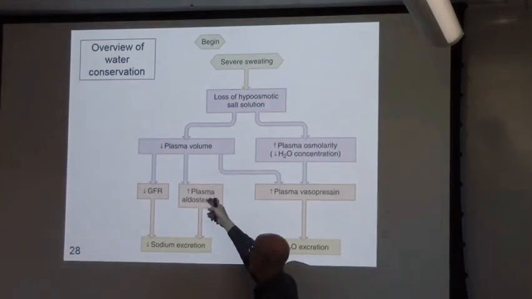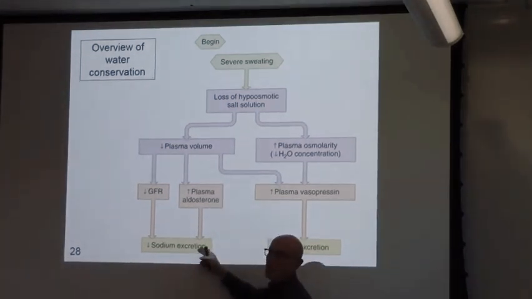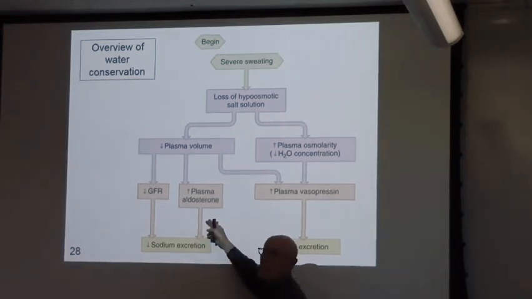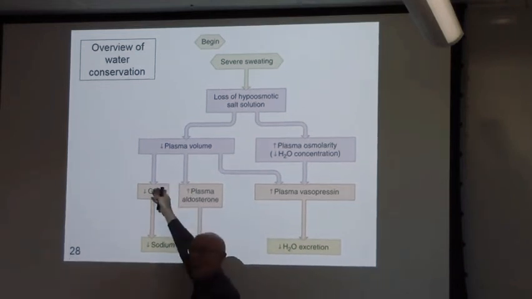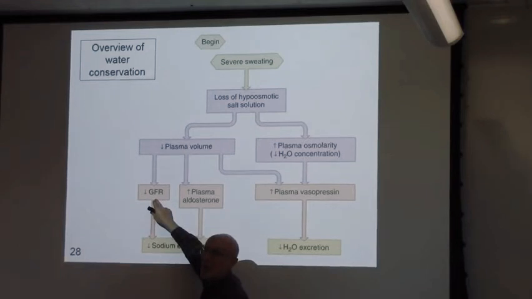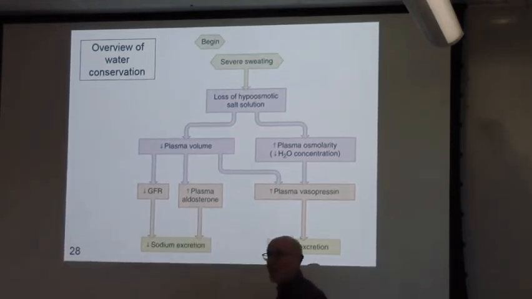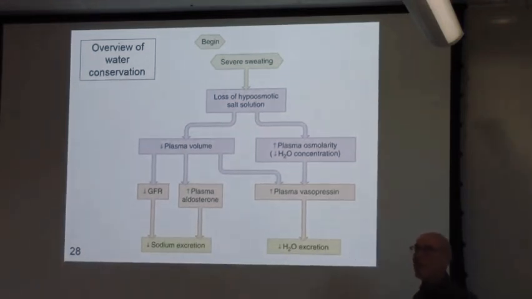Why does aldosterone lead to decreased sodium excretion, increased sodium reabsorption? Unpack that arrow. What are the mechanisms that cause a decrease in GFR? Unpack that arrow. All these arrows have molecular mechanisms that I like to test you on, but they're not showing in our flow chart like this.